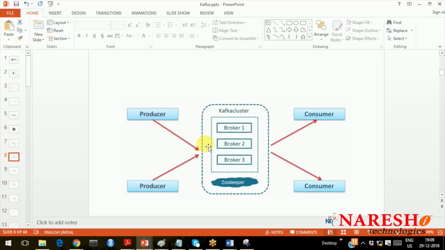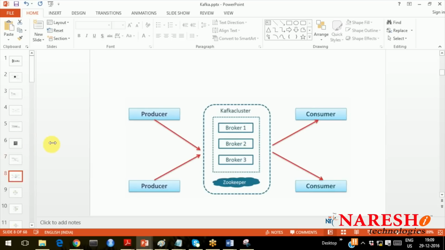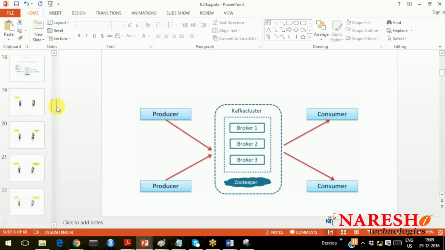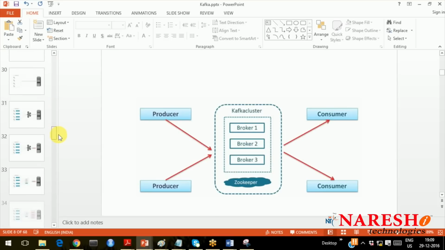The producer generates the data, and the Kafka cluster contains multiple brokers, multiple machines, and the data is organized in topics, and the consumers who subscribe to the Kafka cluster will be getting the data. As it is a distributed model, you are going to have n number of these things. Is it clear, everyone? You got the point? This talks about all the internal things of the framework.